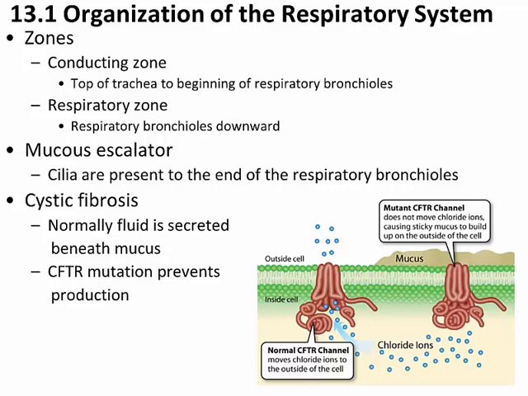Now, things can go wrong with that mucus escalator, so we're all familiar with cystic fibrosis, and we're aware that cystic fibrosis is a mutation in a chloride ion channel transporter. And so, of course, what's supposed to happen is shown here on the left at the bottom of our slide. Chloride ions are transported across the epithelial membrane, and water follows.